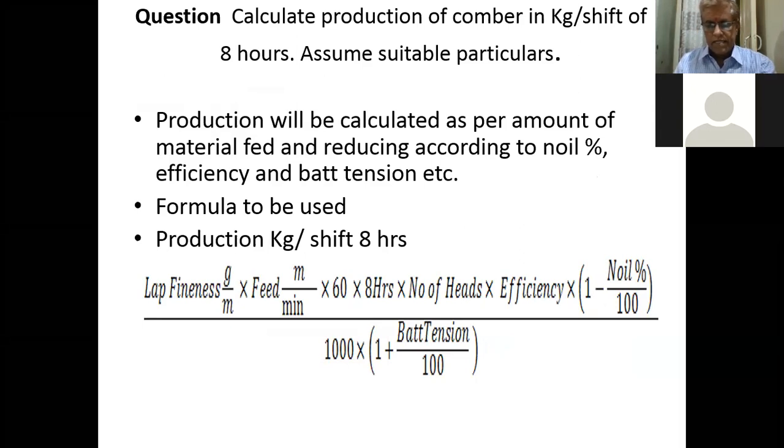So in this case, Comber machine production will be calculated as per the material fed and then reduced according to the noil percentage extracted, as per the efficiency of the machine and the bed tension. Generally we calculate the production of a machine from the delivery roller.